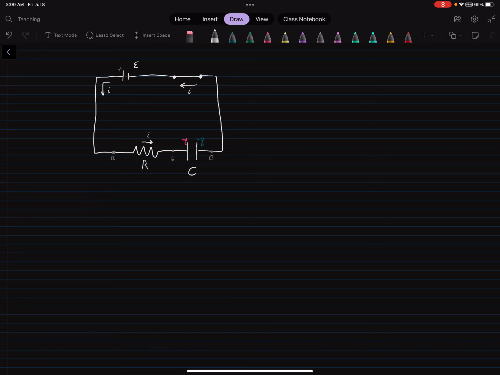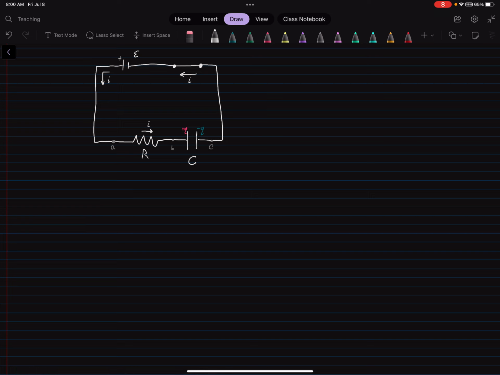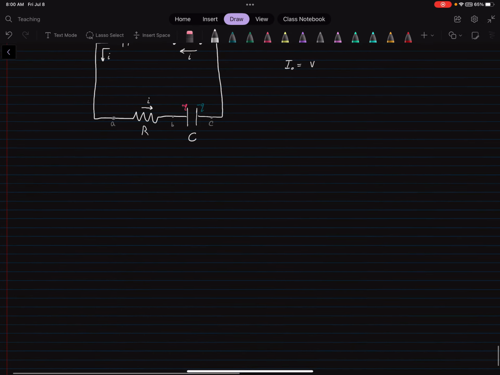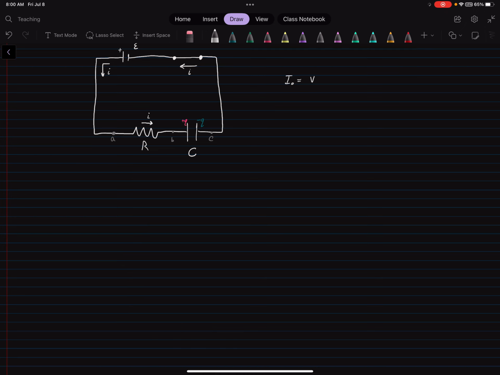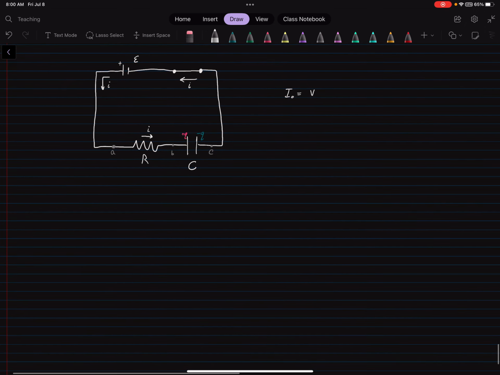Alright, so what amount of current flows? Well, it's given by Ohm's law. So we have the initial amount of current at moment 0, right when that switch is closed, is equal to V, we'll say VAB.